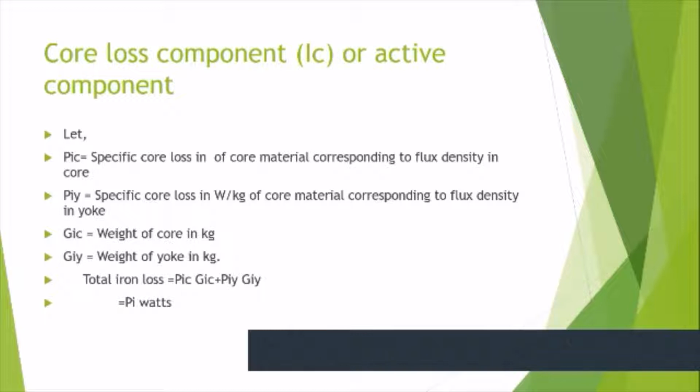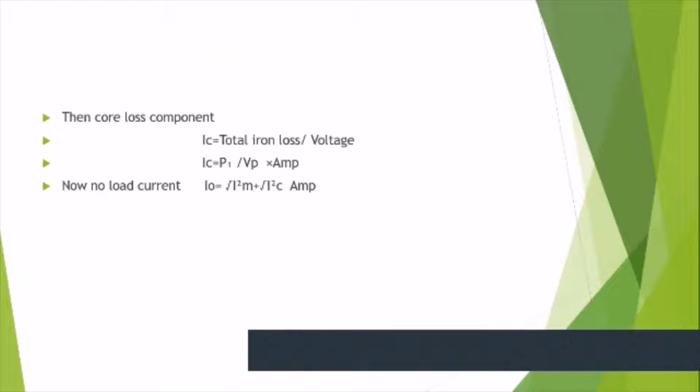It is denoted by PI, in watts. So the core loss component IC is equal to the total iron loss upon voltage.